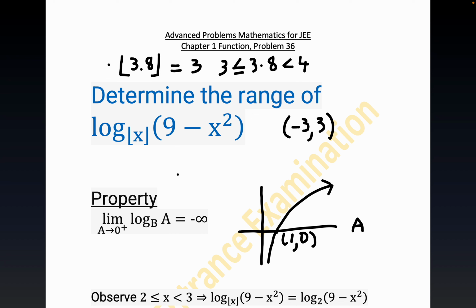Now we do assume that b is not equal to 1. It wouldn't be very interesting if b was 1. And also b is strictly greater than 0.